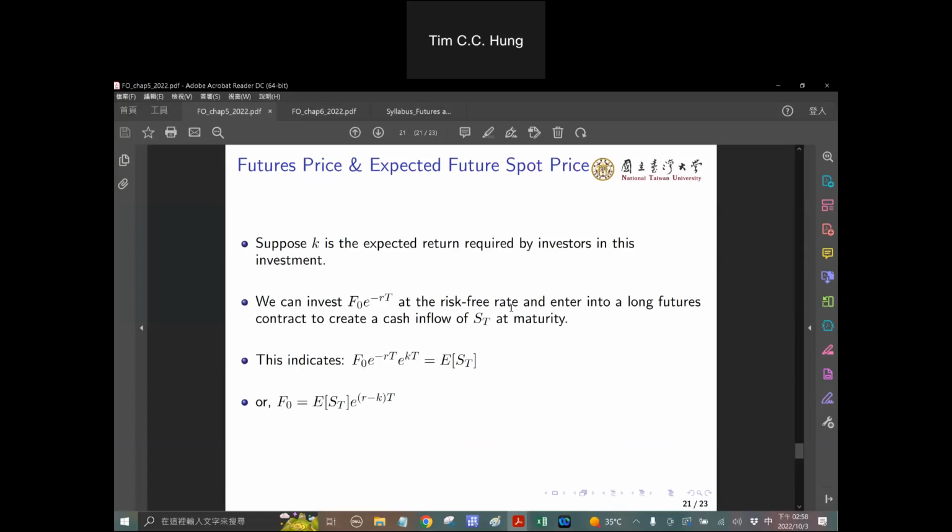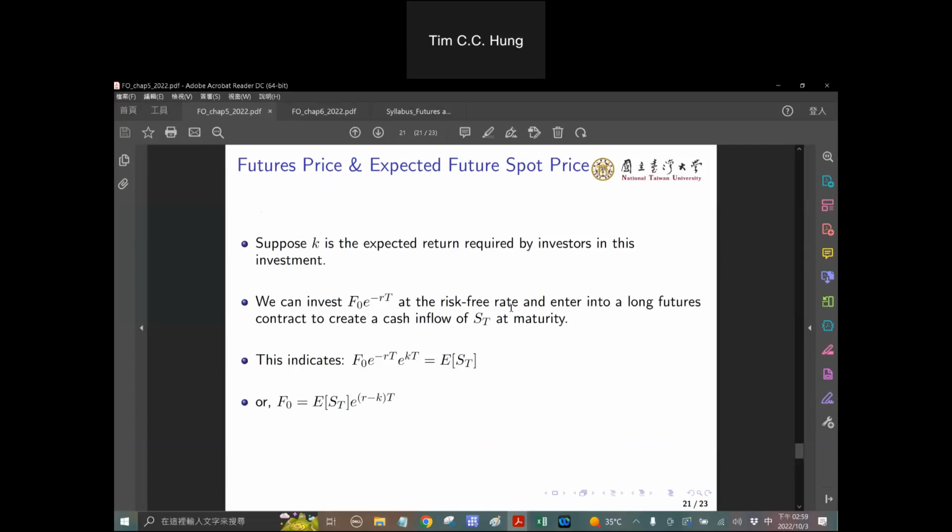S0 is the spot price of the underlying asset, and ST is the value of the underlying asset at maturity. So if we lock ourselves into a futures or forward contract, this amount of money at present can be translated into the value of the underlying asset at maturity, right?